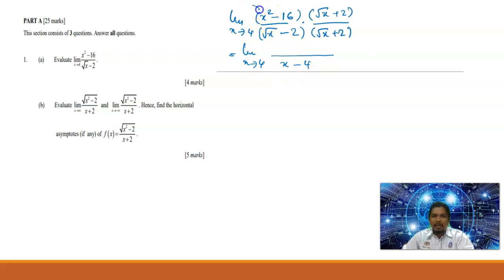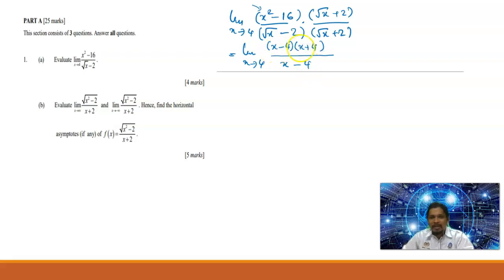I think that we can factorize x squared minus 16, which is equal to x minus 4 times x plus 4.